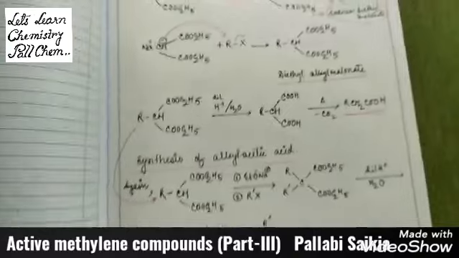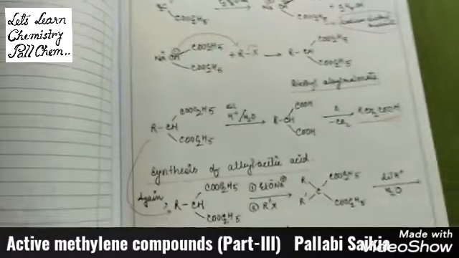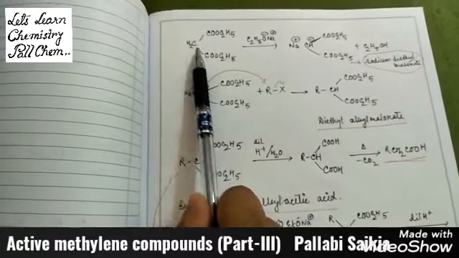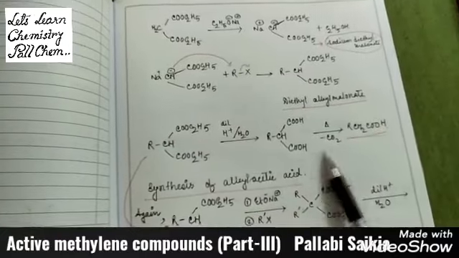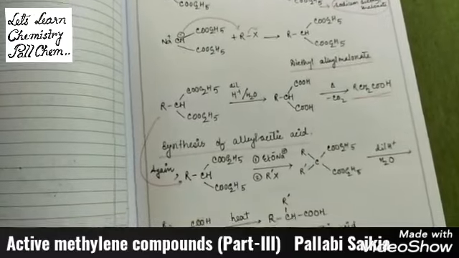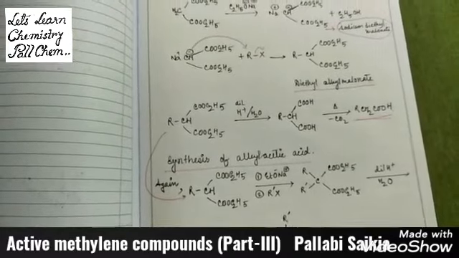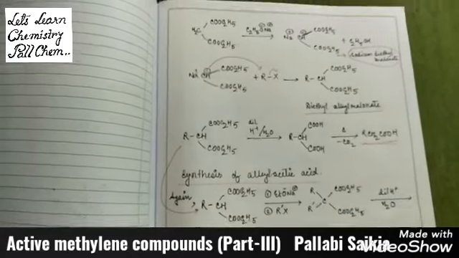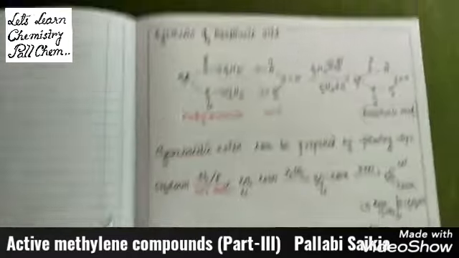So we can convert both hydrogens of this methylene to alkyl groups. These are the applications of diethyl malonate in organic synthesis.